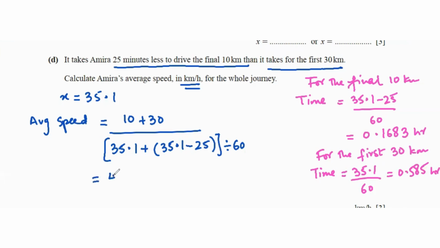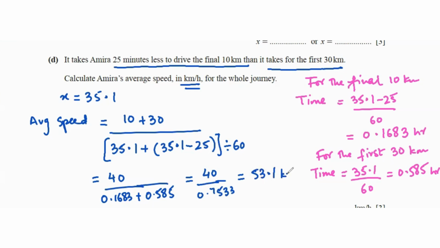So that's going to be 40 over the sum of 0.1683 and 0.585. That's going to be 0.7533, and 40 divided by that gives 53.1. So 53.1 kilometers per hour is your average speed for the entire journey.